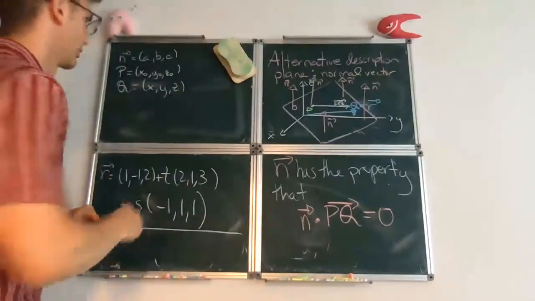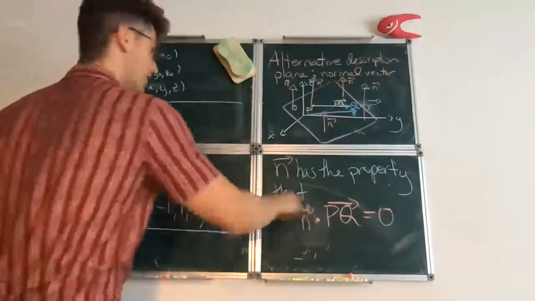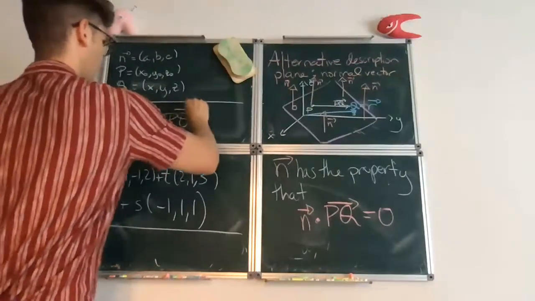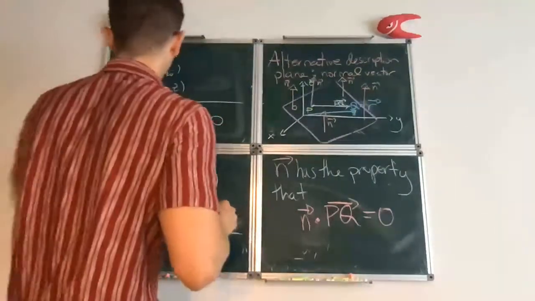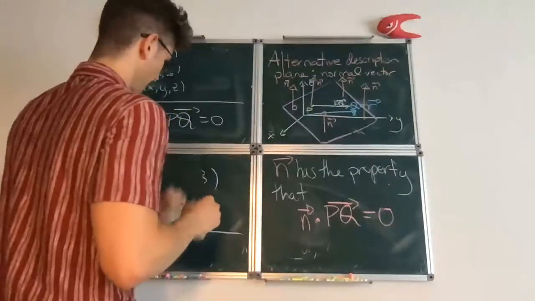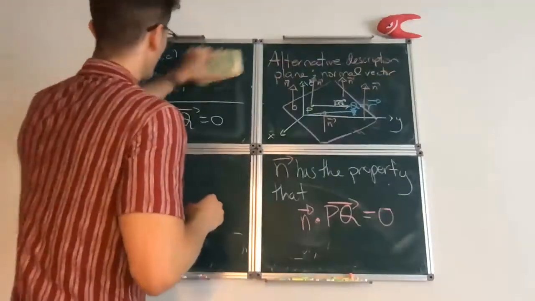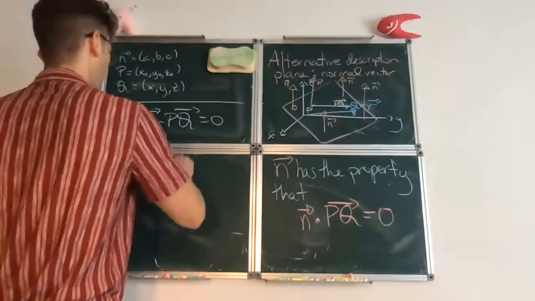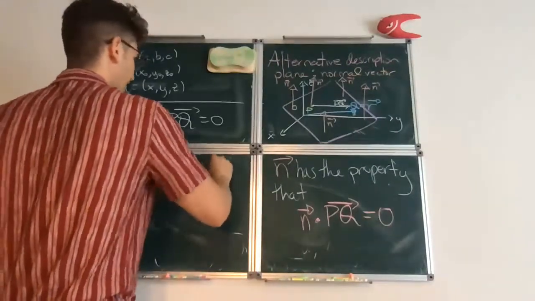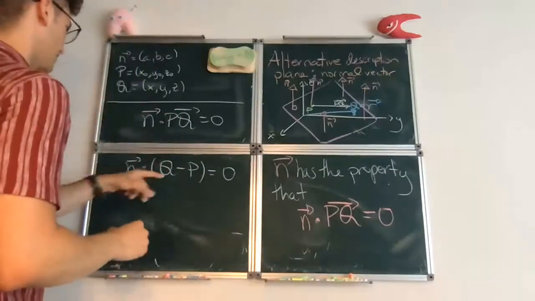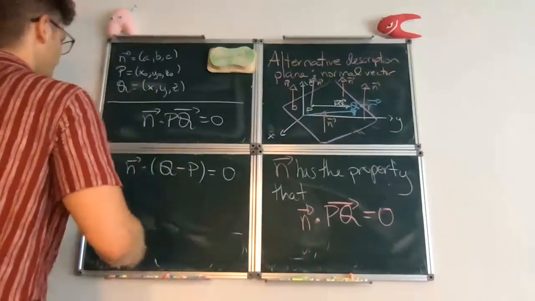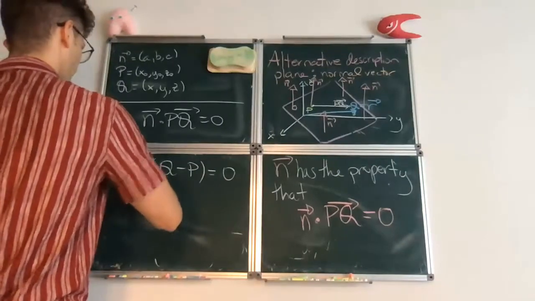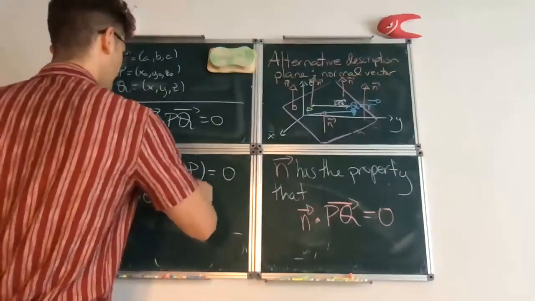And so the equation n dot PQ equals 0. Remember that PQ is the same as Q minus P, or strictly speaking, the difference in position vectors of these two points. But that is the same as n dot Q minus n dot P equals 0.